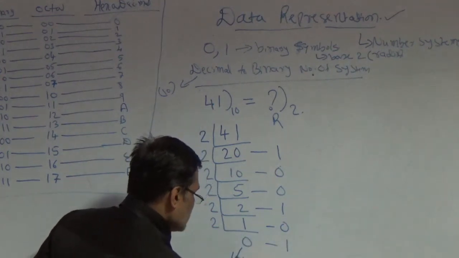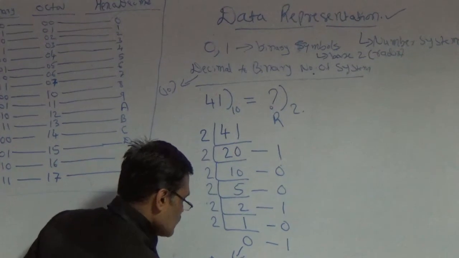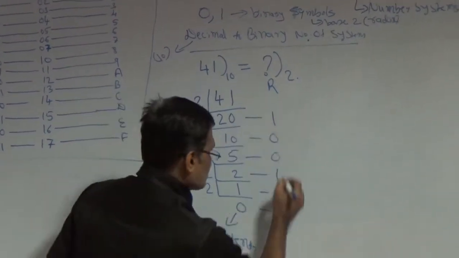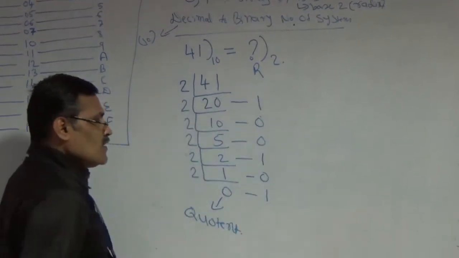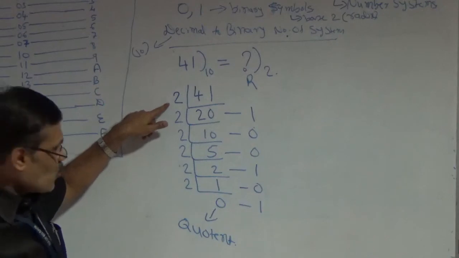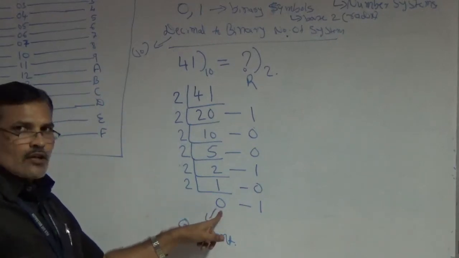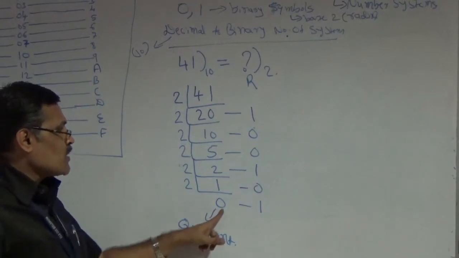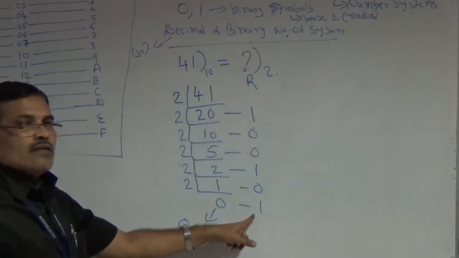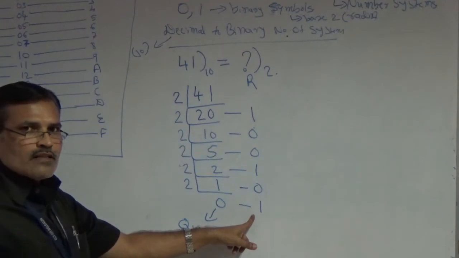Now the quotient becomes 0. These are the remainders generated. I have continued this division process by 2 till I reach 0. So the quotient has become 0 now, and I have kept track of the remainders generated in this process.